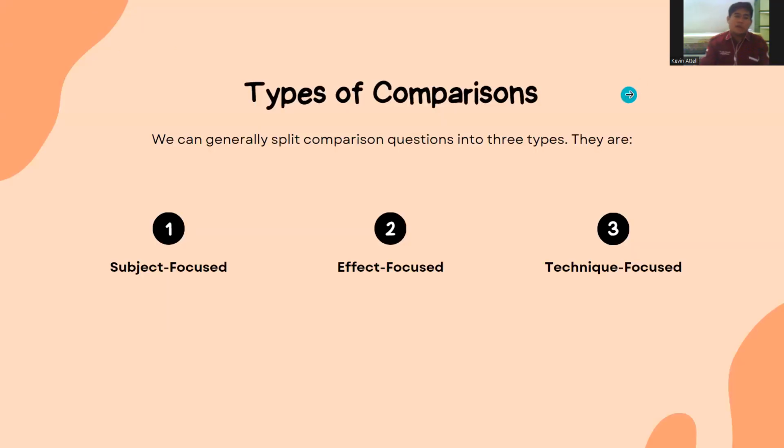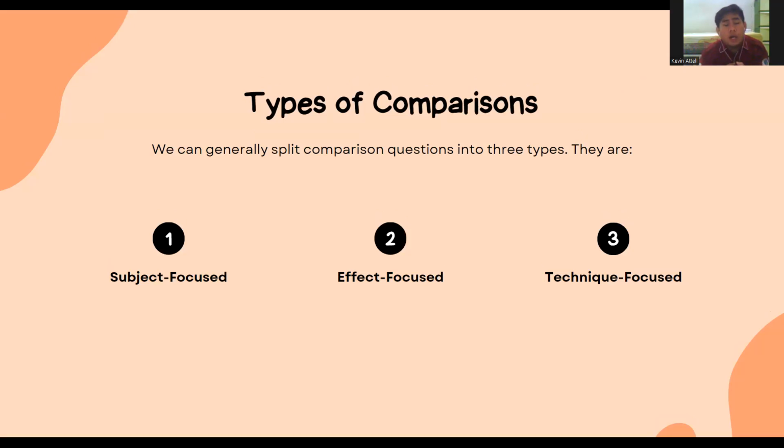So, types of comparisons. Generally, we can split a comparison question into three types. One, subject focus, which involves comparing how two texts represent the same subject in similar or different ways.